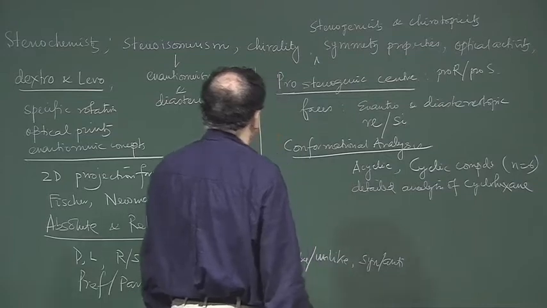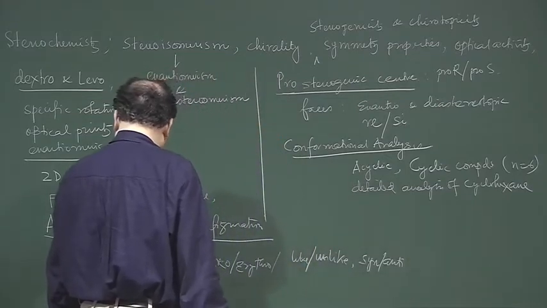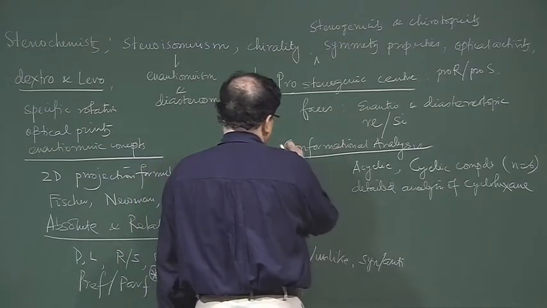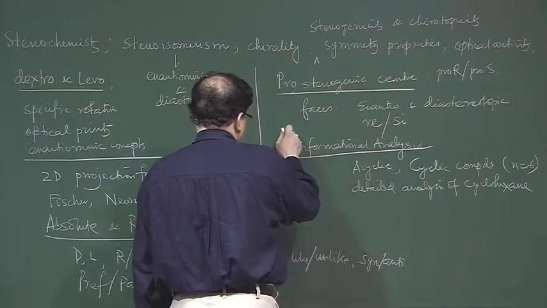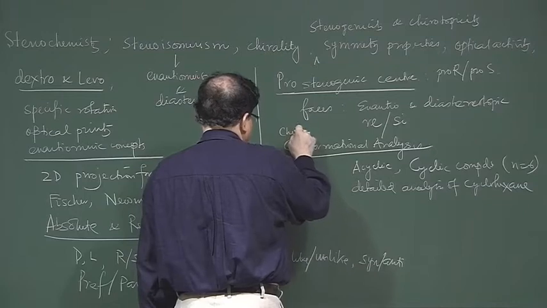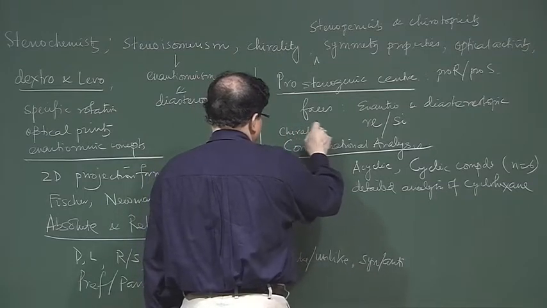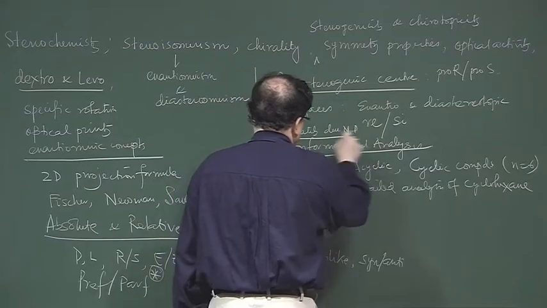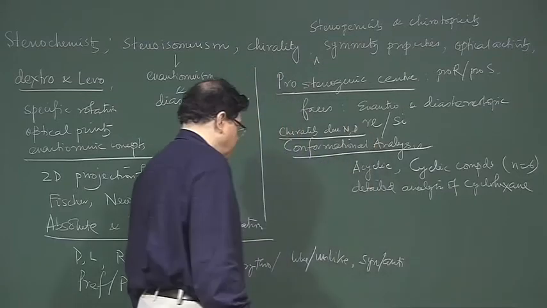So, in between, I think what we have done, we have also done pro-stereogenic centers. Before conformational analysis, we had the chiral compounds, chirality due to nitrogen and phosphorus. So, that was done, chirality due to nitrogen and phosphorus.